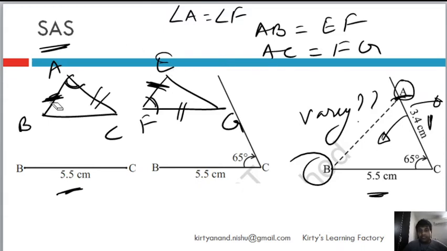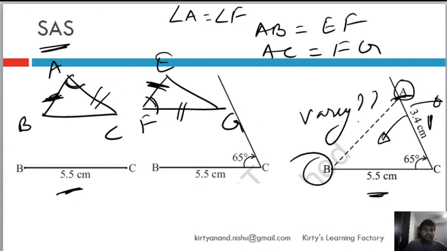So now you see that I have two sides which are corresponding to each other and are equal, and the included angle, it's always the included angle. It's not these two sides or this angle and this angle, no. The angle which is in between, which is at the intersection of these two sides, that angle has to be equal. So then automatically my BC will be equal to EG, right?